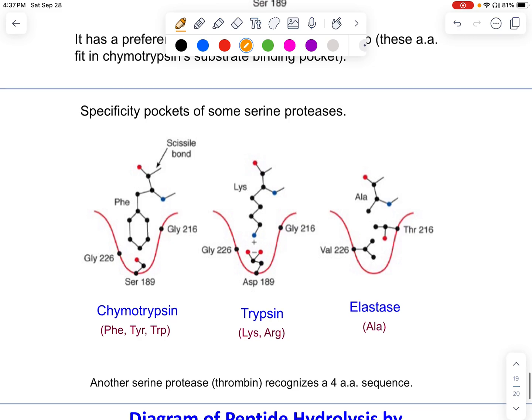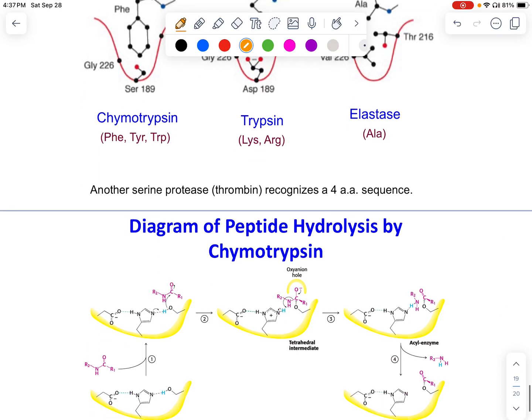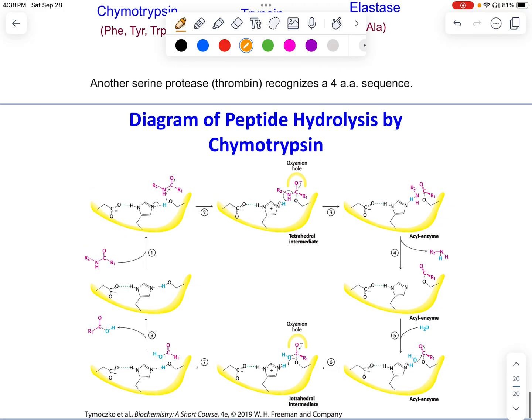And there are other serine proteases that have pockets that fit other amino acids. All right, and here, as promised, is that chart if you want to try to step through it yourself. All right, that was a lot, so go step by step and take a look.